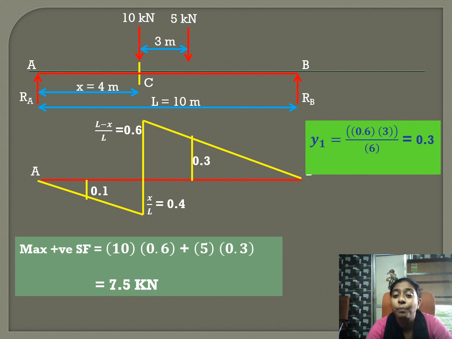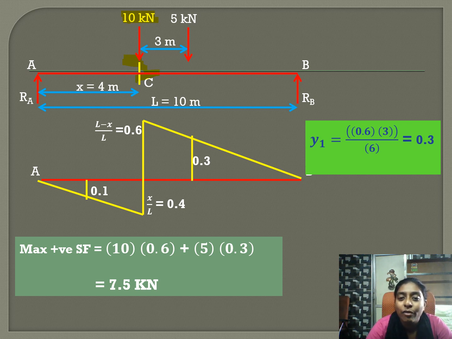So for finding the maximum positive shear force, we are moving the loads and placing this 10 kilonewton load at the section C. The reason is only when we place this 10 kilonewton load at C, we will get the maximum shear force.